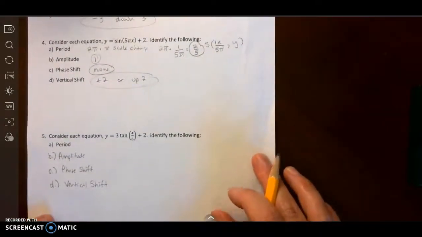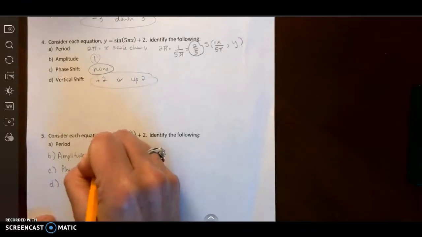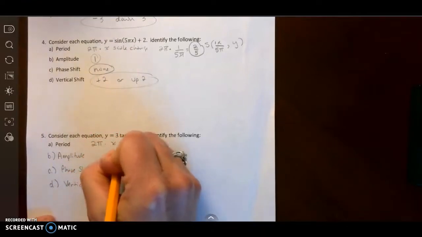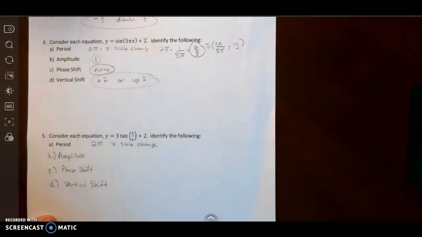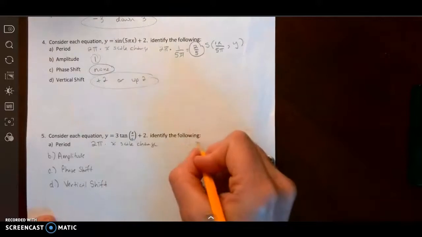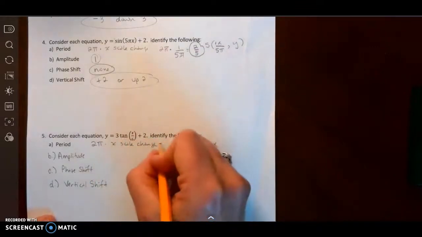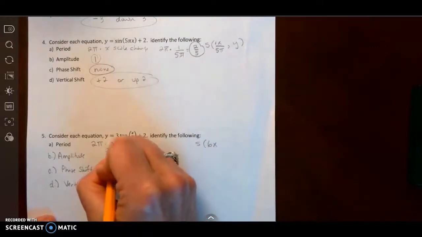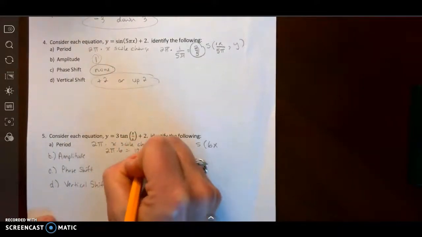And number 5. With this one, let's look at the period. The period is always 2 pi times the x scale change. And let's see, it looks like x is being divided by 6, so in this actual scale change, it would be 6 times x. So it's going to be 2 pi times 6, which is 12 pi.